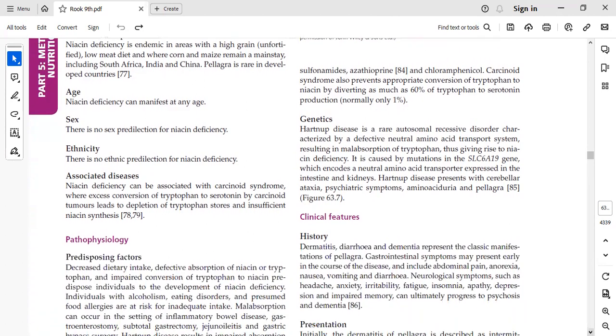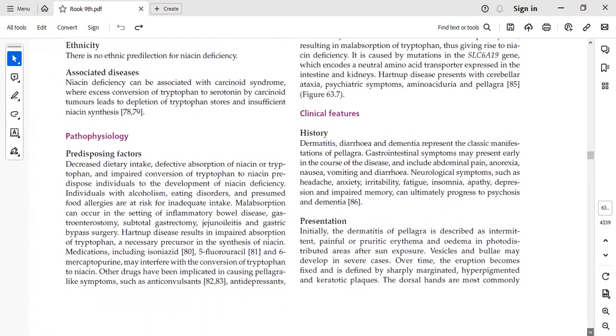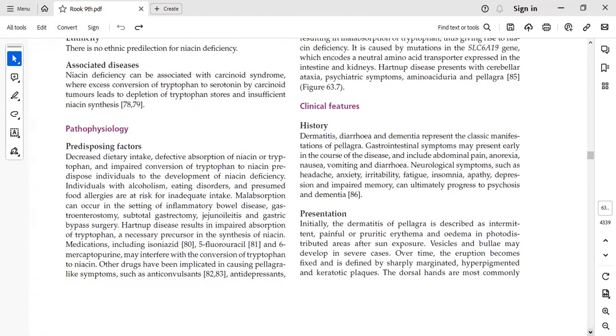Clinical features: it is going to present with very painful or pruritic erythema or edema, and which in severe cases can even transform into vesicles and bulla formation. Ultimately, the lesion is transformed into hyperpigmented and keratotic plaques in pellagra.